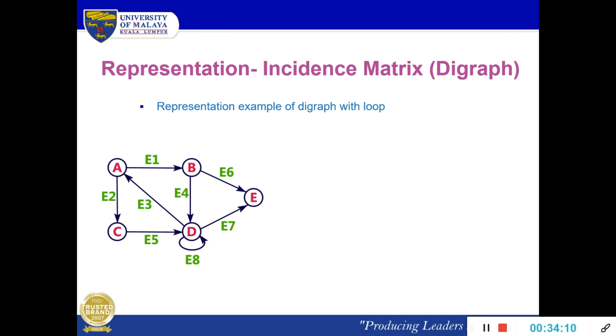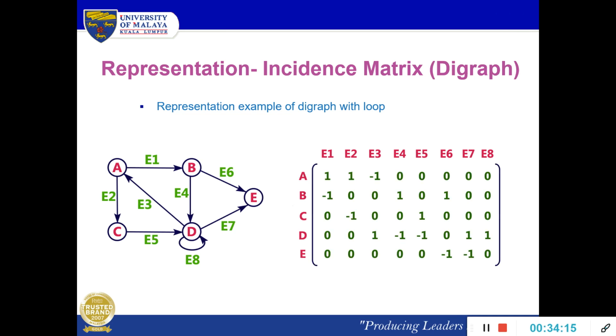So this is an example of a digraph with a loop. Say you want D and E8. Since D and E8 is a loop, you put 1. D and E7 is outgoing, so you put 1. Correct. E6 not incident.